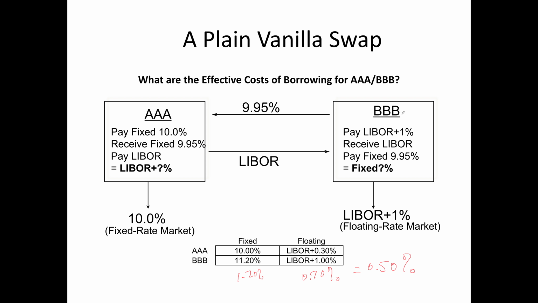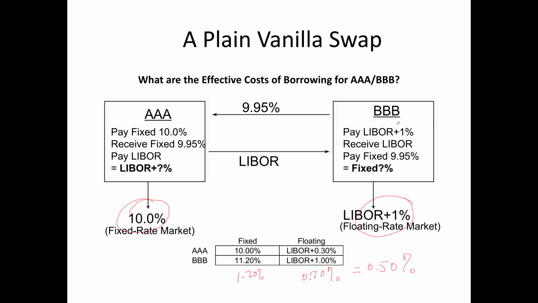In the market, triple B wants a fixed rate and triple A wants a variable rate. Let's make an arrangement. Triple A goes to the fixed rate market and borrows at 10%. Triple B goes to the variable rate market and borrows at LIBOR plus 100 basis points.